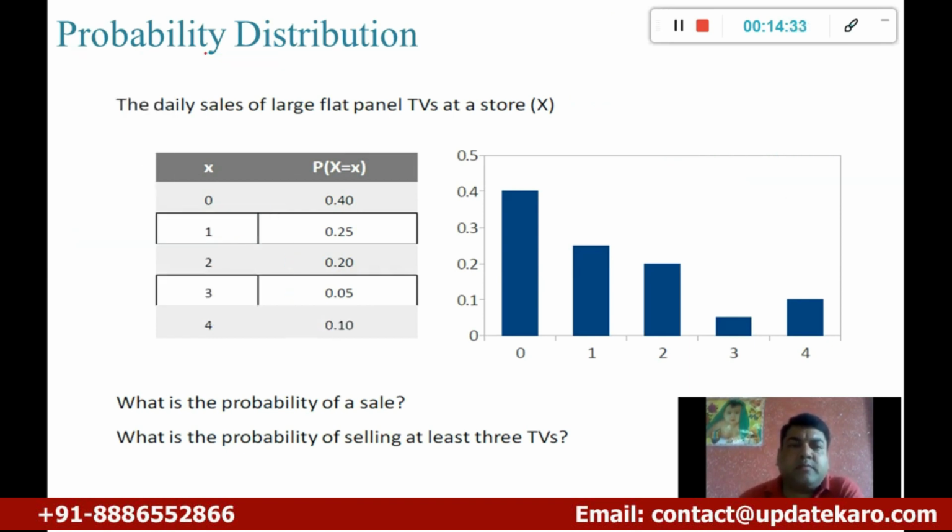So there are two types of probability distribution. One is continuous probability distribution, the other one is discrete probability distribution.